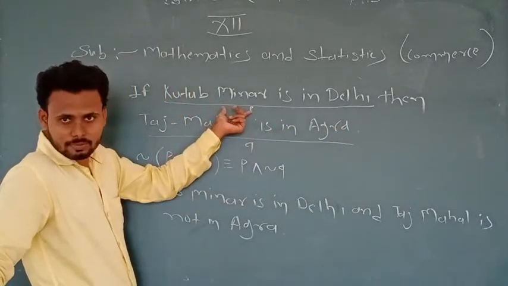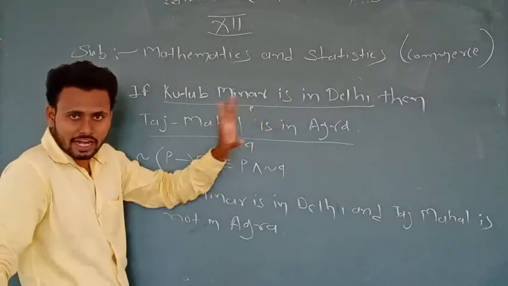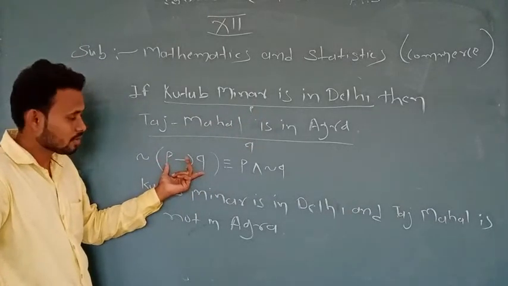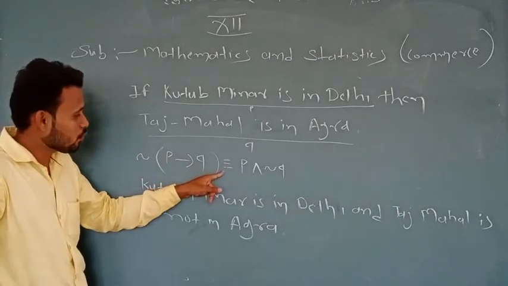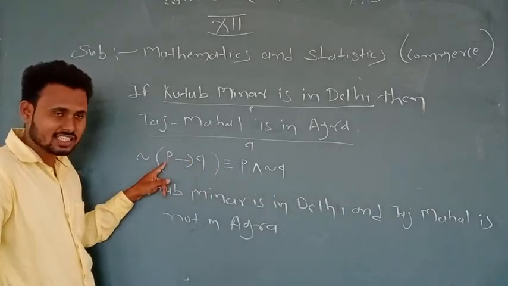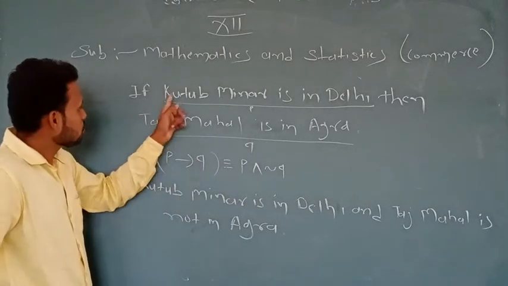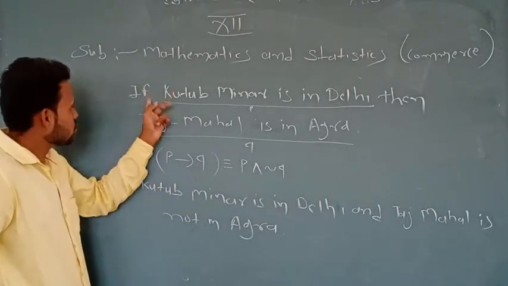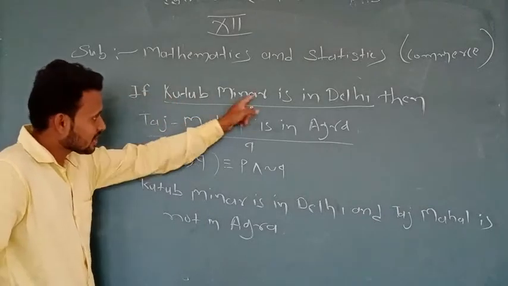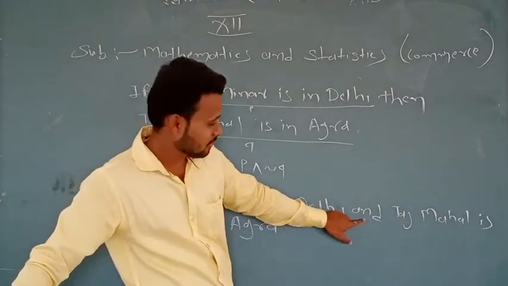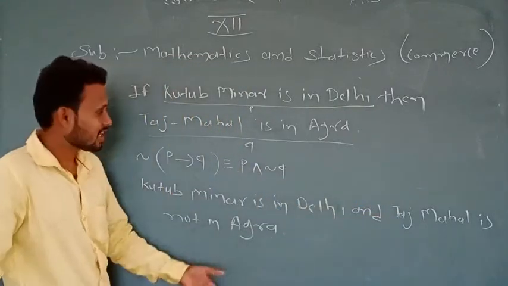Therefore we denote this statement by P and this statement by Q, and we know that the negation of a conditional statement is equivalent to the first statement P as it is, the middle sign, and just take the negation of the second statement. Therefore the negation is: Qutub Minar is in Delhi, first statement as it is. Middle sign conjunction means 'and', and for the second, just take the negation of the second statement.